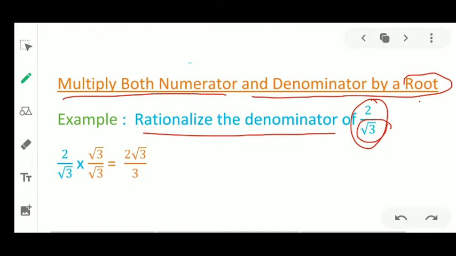So we multiply both numerator and denominator by the same root, that is root 3, because we all know root 3 into root 3 gives us 3, and 3 is a rational number. That's why we multiply the same root on both numerator and denominator. So 2 into root 3 equals 2 root 3, by root 3 into root 3, which is 3. Clear?